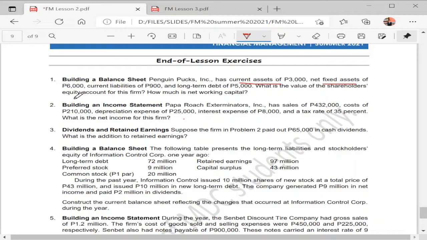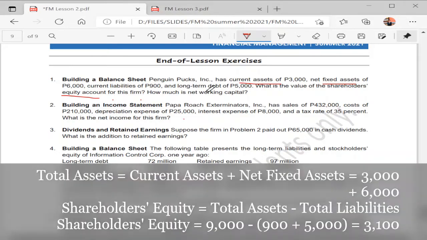Since we're looking for the equity in this problem, we need to identify our total assets and our current liabilities. So you have the current liabilities and the long-term liabilities.